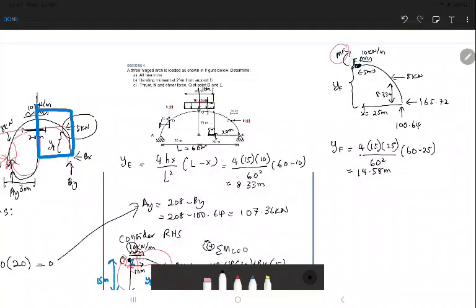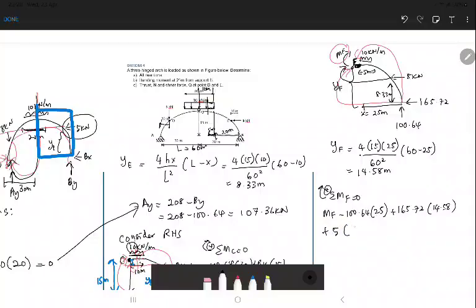This F we denote as F, so taking moment at F equal to 0, so you got MF, and then this one minus 100.64 times 25, and then this direction plus 165.72 times now YF 14.58, and then this one plus 5 times YF minus 8.33, 14.58 minus 8.33.